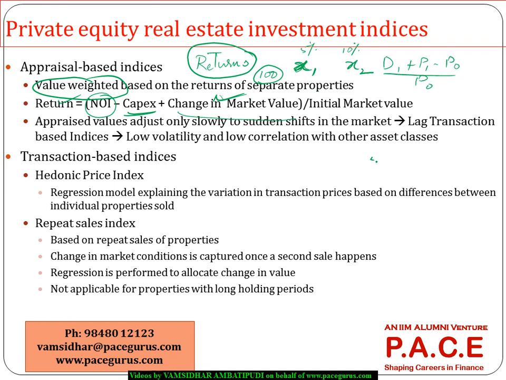A property with weight x1 has grown by 5%, whereas the one with weight x2 has grown by 10%. So the return I will be taking is x1 times 5% plus x2 times 10%, divided by x1 plus x2. This is the value weighted return based on the returns of the separate properties. Whatever value I get, I call that the index based on the appraisal base.